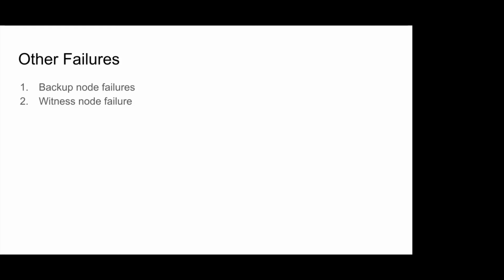In case of backup, because backups are involved in write quorums, it is important for the backup that has failed to be excluded from the write quorum, and then once it comes back online, it needs to be caught up properly to be included back in the write quorum. So backup failure is critical for them.